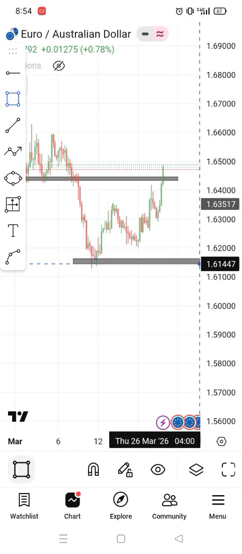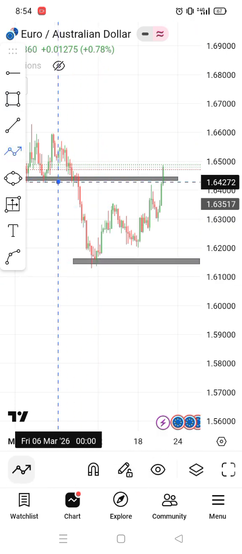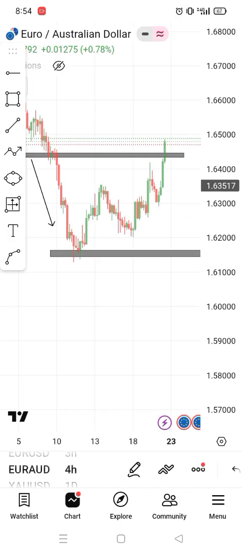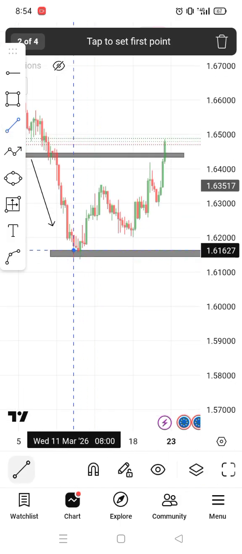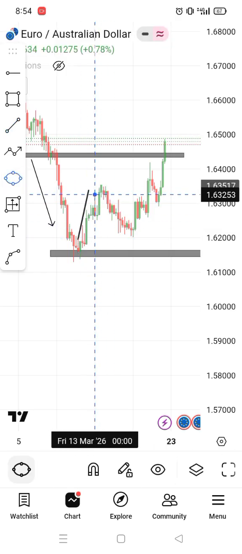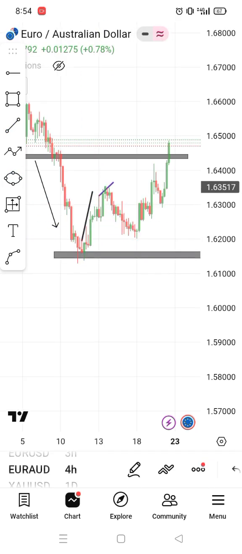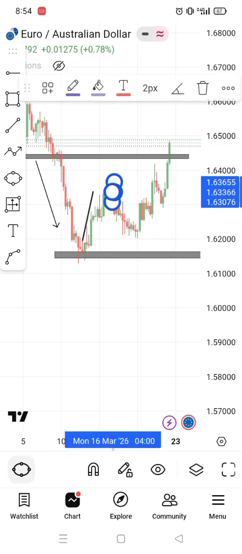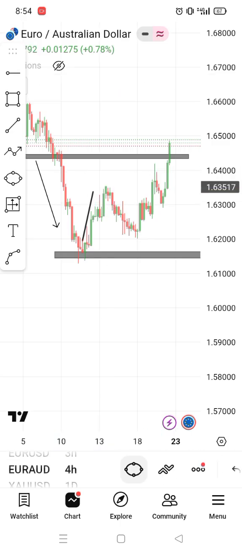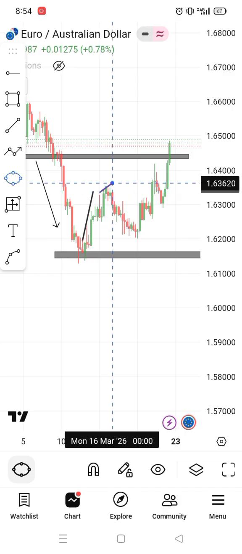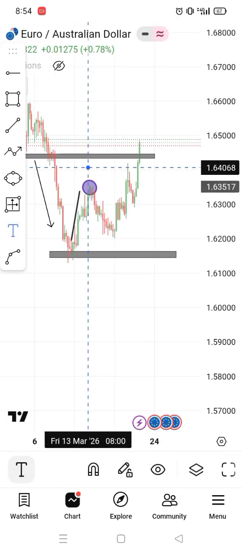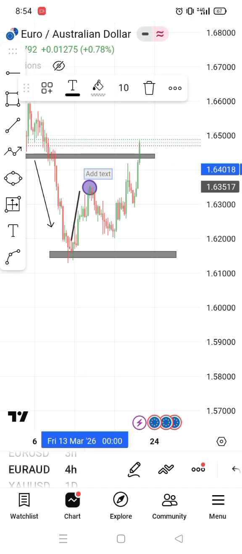So this is our low. So we know that anything below here can go here. But then price corrects. So this is a correction. This is a lower high being created. This is a lower high being created. So lower high. Let me put this lower high.